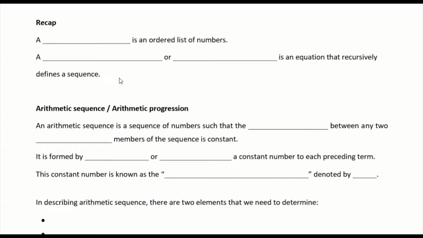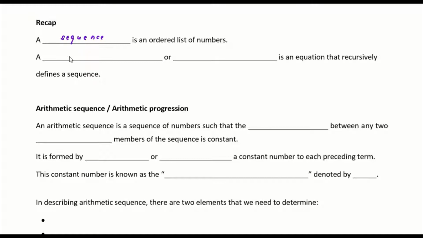In the first lesson we learned that a sequence is an ordered list of numbers. It can be objects as well, but in this particular syllabus, we are talking about only numbers. Then we can generate an equation that tells us the next term by using the previous term, which recursively defines a sequence.